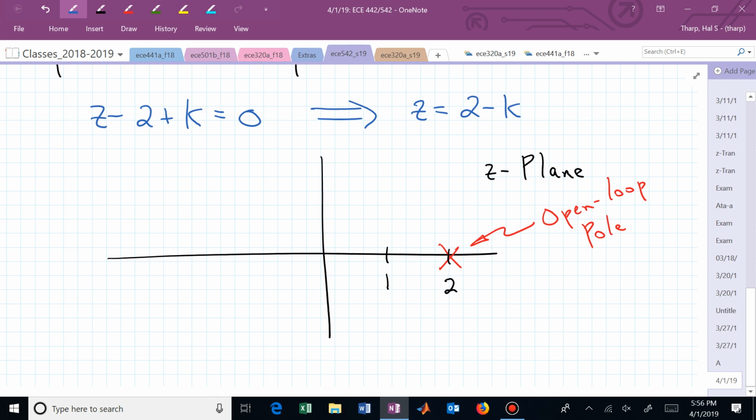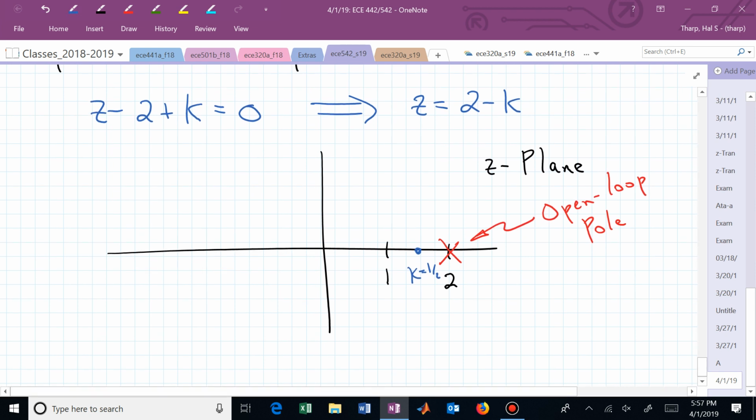Well, we have an algebra problem. Now, if k is equal to 1/2, do you see that we would be at 3/2 for z? Is that a big enough k? Is that an acceptable location? Probably not if you want your closed loop system to be stable.